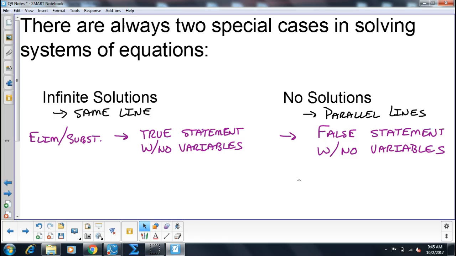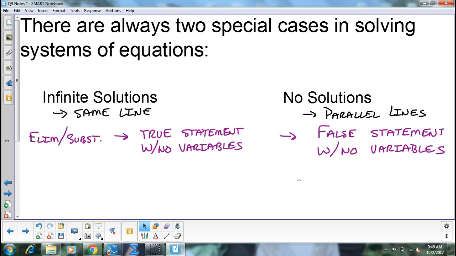When you're graphing, infinite solutions would be you graph two lines, but you only see one on your graph. When you graph a no solutions case, you would graph two parallel lines.